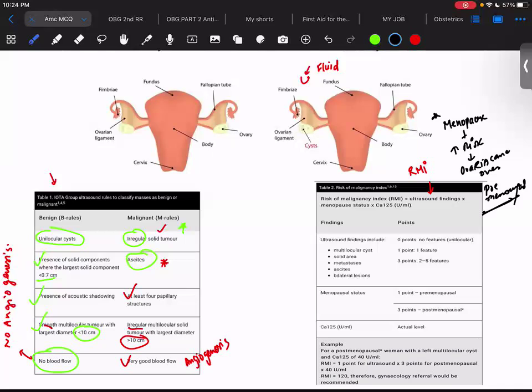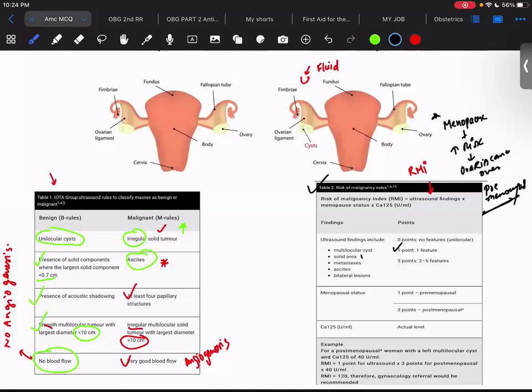So basically what I was discussing is the risk of malignancy index, where we use a criteria of ultrasound findings, menopause status, and then the tumor marker CA125. What are the points given to each? If the ultrasound findings include a multilocular cyst, 1 point is given.